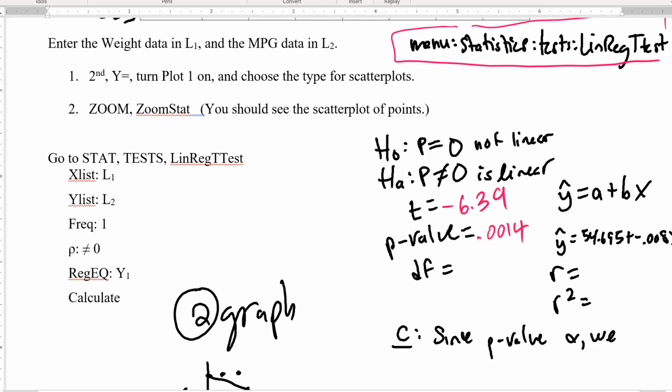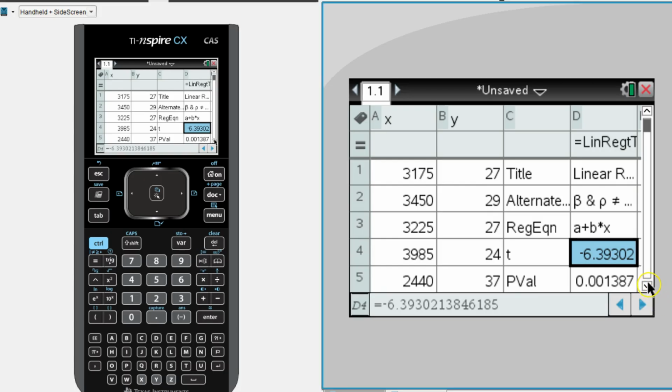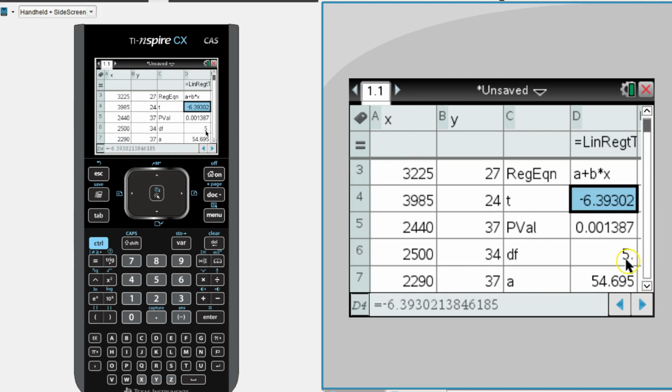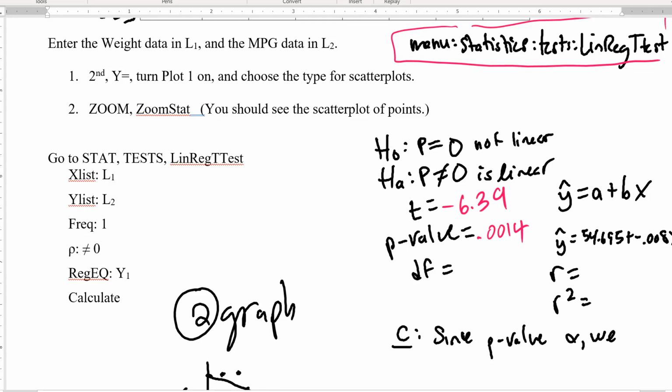We have degrees of freedom, which should be, I think, the number of points minus 1. So maybe not. Looks like it's 5. Maybe there were 6 data points. And then we have an equation that they give us. So they give us what is called the least squares regression line.